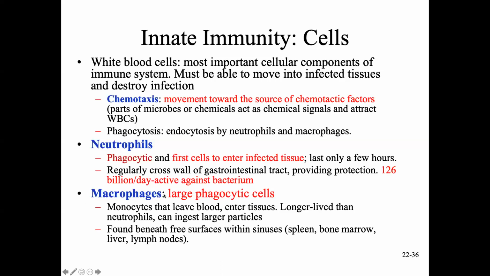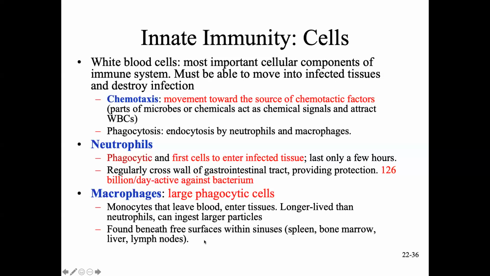Macrophages are seen at about 20%, right, of our CBC with diff. Large phagocytic cells, when they're floating around your bloodstream, are called monocytes. Monocytes then leave the blood and enter the tissue, where they become macrophages. Kind of like how mast cells are called mast cells when they're in subcutaneous tissue or in a specific tissue, but when they're in the bloodstream, we call them basophils.